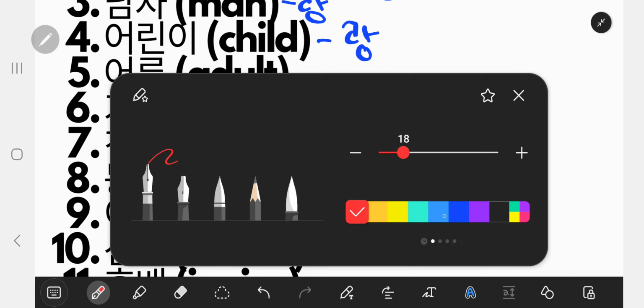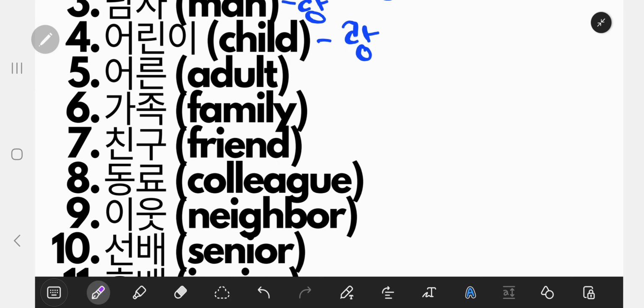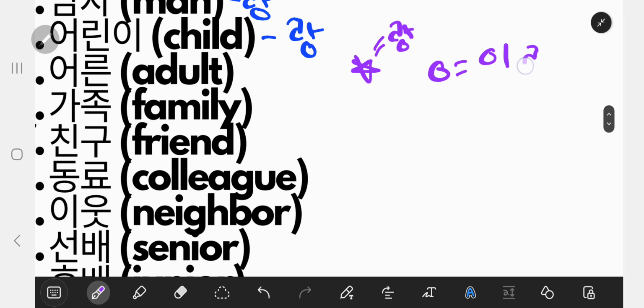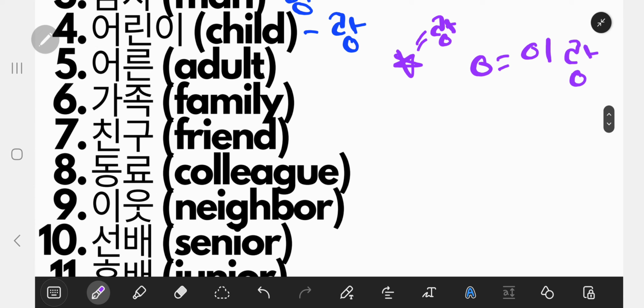No, I won't be doing that. Let's just keep going. I'll just say it though. 친구. Okay, a star and a circle. So a star is 랑, and a circle is 이랑. There we go. Okay.